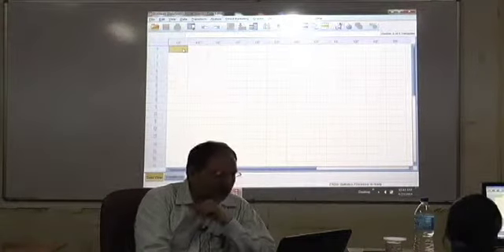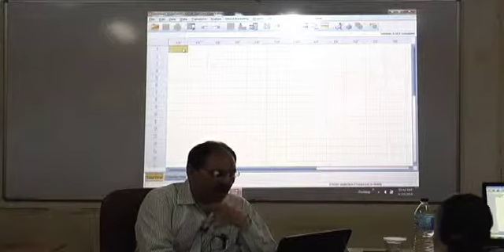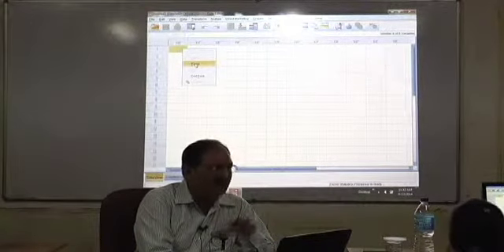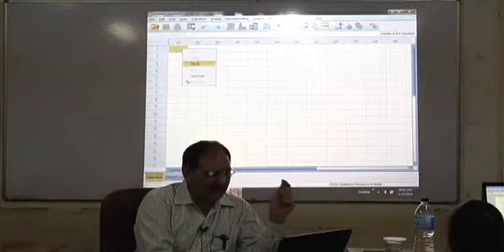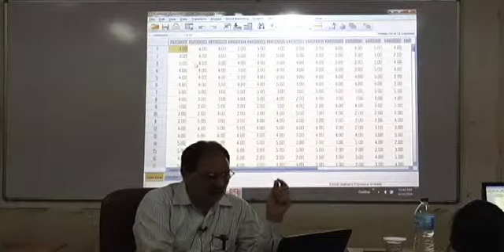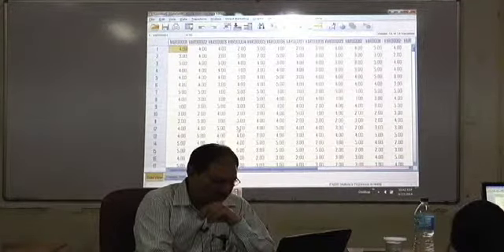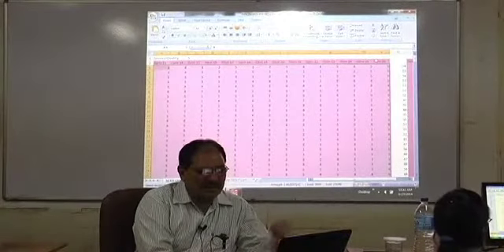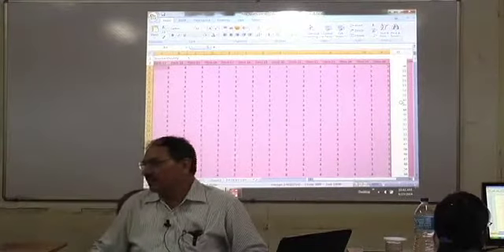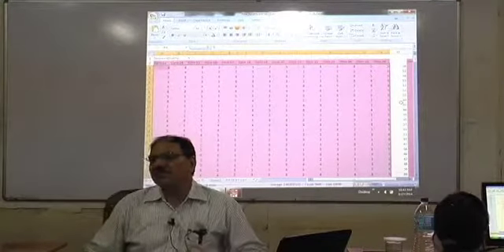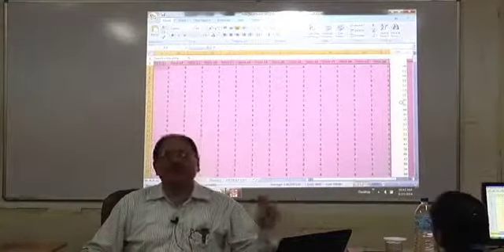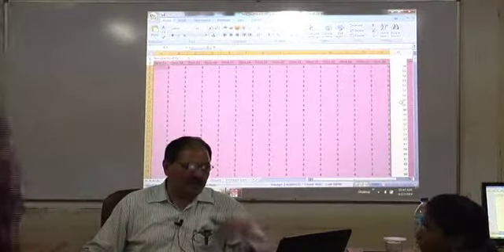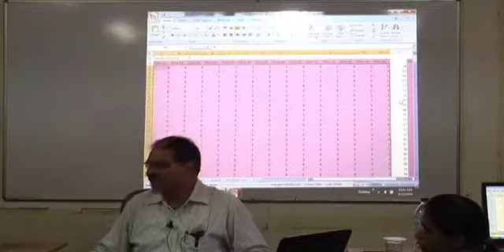And do not take the top row, where we have the serial number of the items. That also you should omit. Item numbers also should not be part of it. You must only copy the responses provided by the respondents into the SPSS.